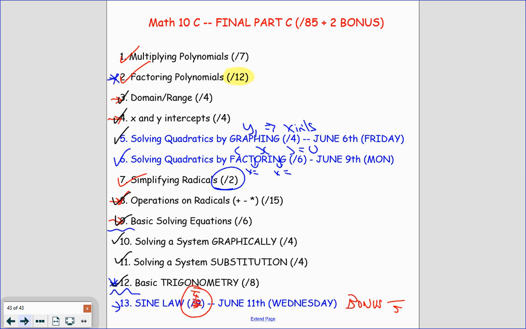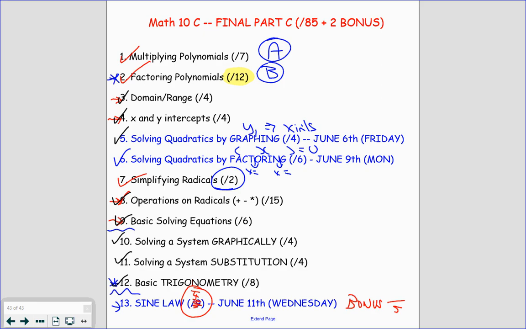So this is what we've been working towards. This is all the sections of the booklet. Multiplying is section A, factoring is section B, and again, this is in your homework booklet.